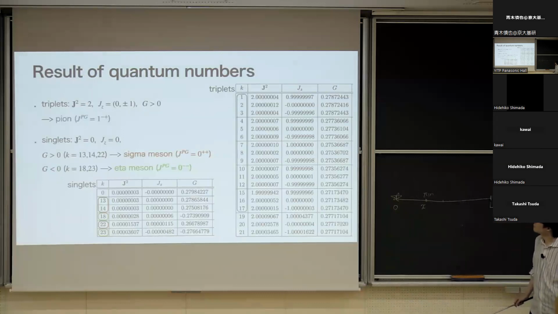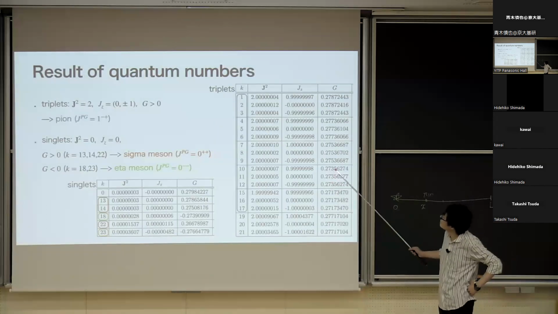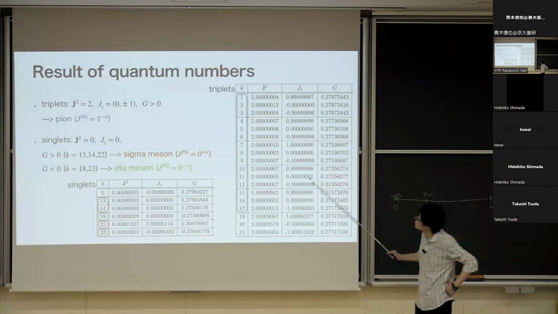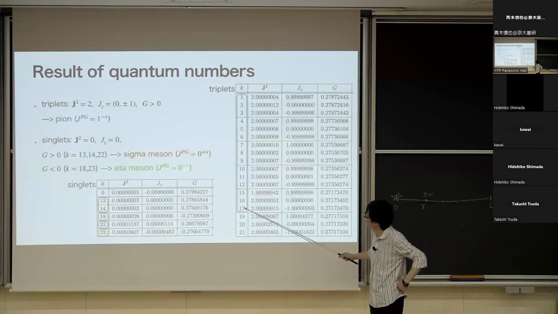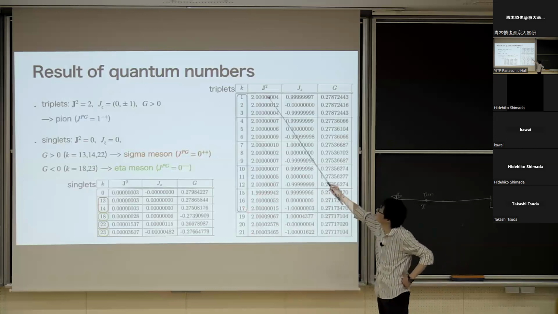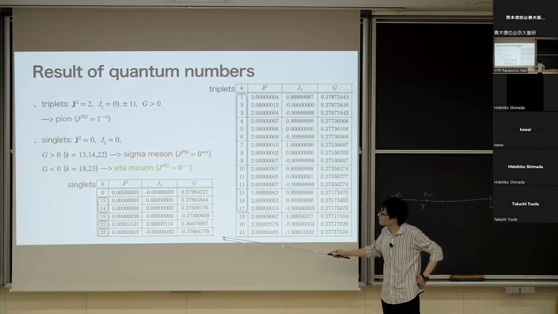Or why did you say it's the pion quantum number? Because you have triplet and singlet at the same time. Yes, we have triplet and singlet. And this right figure shows the triplet state. So after calculating the quantum number, okay.